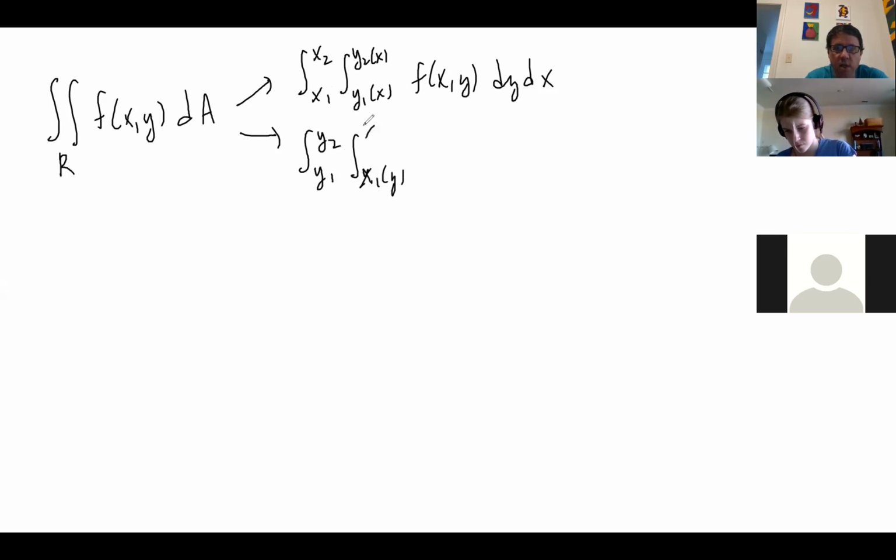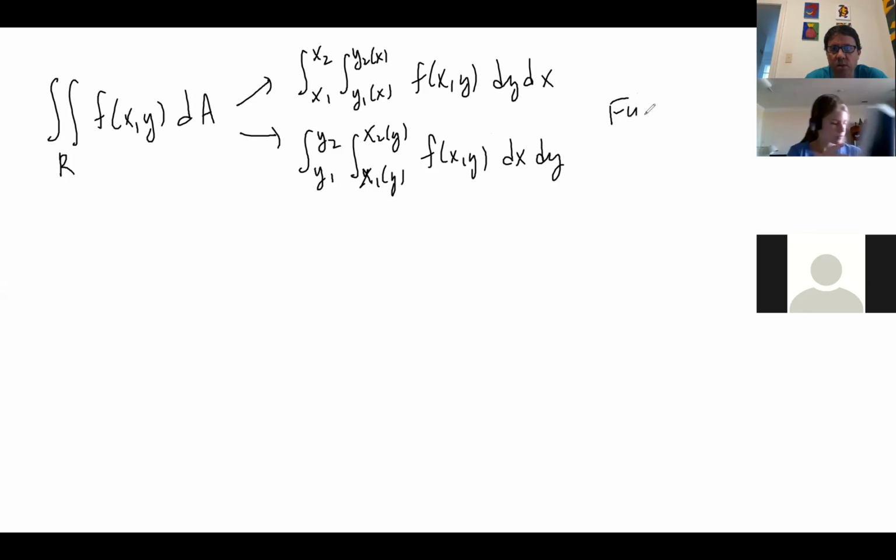I know they look like the same notation, but if we write x1 of y, x2 of y, that represents that it's a function or a curve as opposed to just a straight up number, and that would be dx dy. So you could write it like that. And again, this is due to Fubini's theorem, which I'll at least mention and definitely not prove.